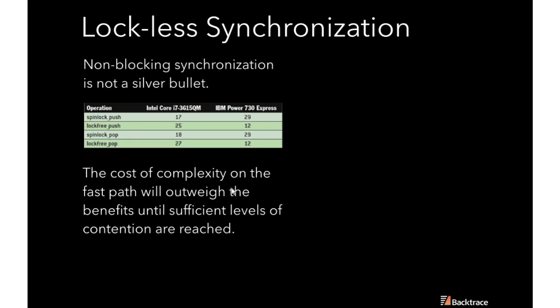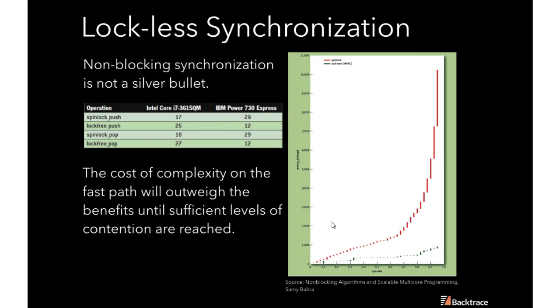However, where they do shine, generally speaking, across the board, is under contention. Under high levels of contention in a lock-based stack, any source of jitter will essentially block system-wide progress, right? So if a thread is pushing items to a stack and it's interrupted by a timer, for example, no other thread can make forward progress on that stack.